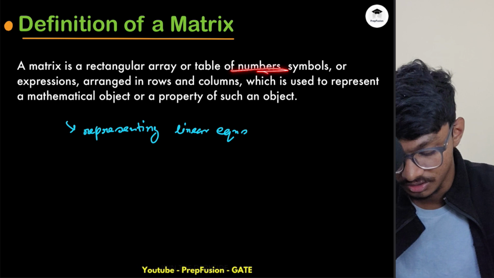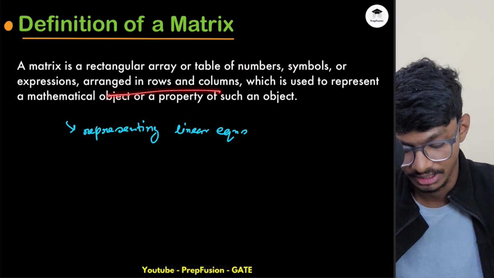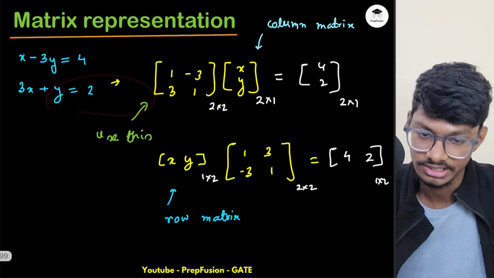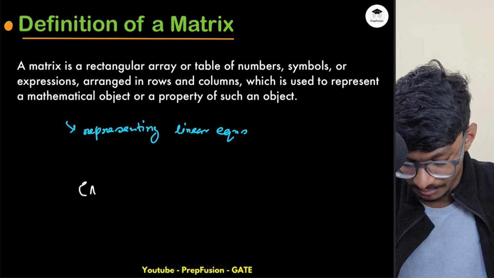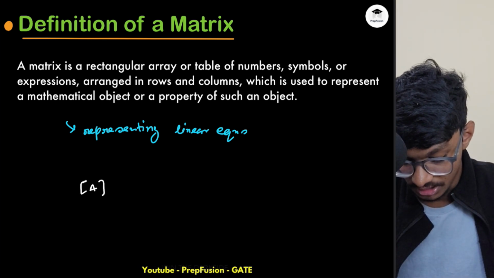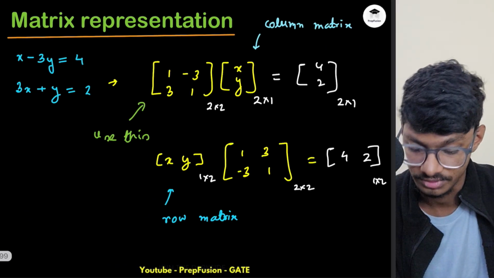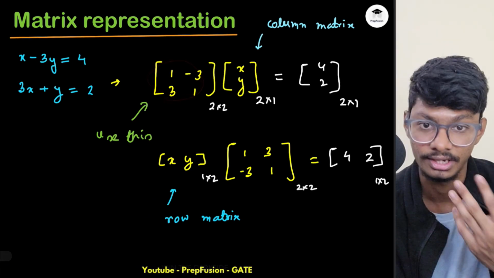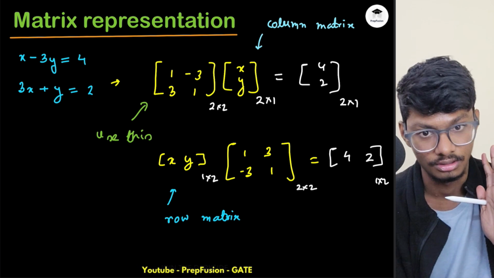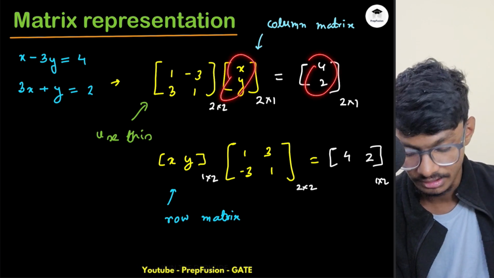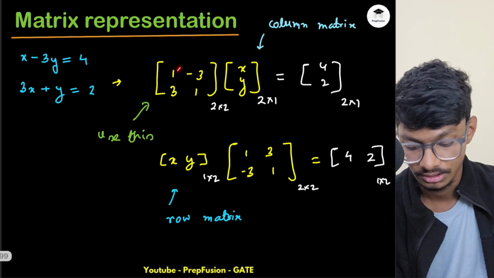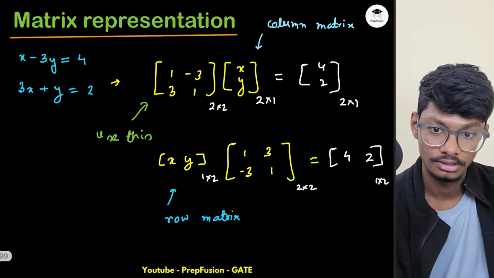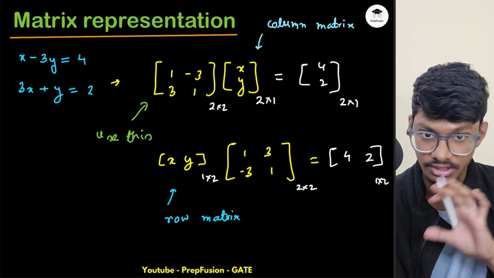We're representing numbers, obviously a table of numbers, expressions, arranged in rows and columns. So that is what my matrix is. So basically if A is a matrix, we can arrange like objects. Just remember, like objects here: these are the coefficients, these are the variables, these are my right hand side constants, they are alike with each other, right? Same. So we are arranging like objects, not different objects.